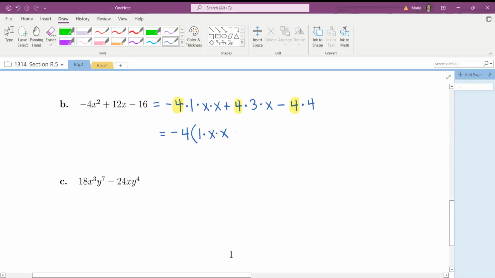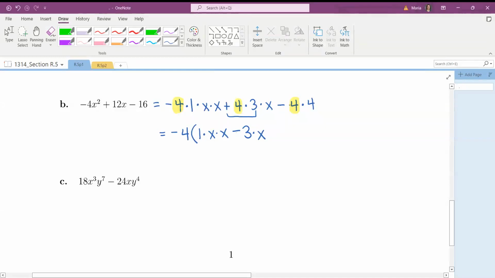Moving on to the middle, we have positive 4 divided by negative 4, so that's going to be negative 1. Actually, I'm trying not to make this complicated for you, but maybe I did. This is going to be positive 12 divided by negative 4, so that's going to be negative 3, times x.